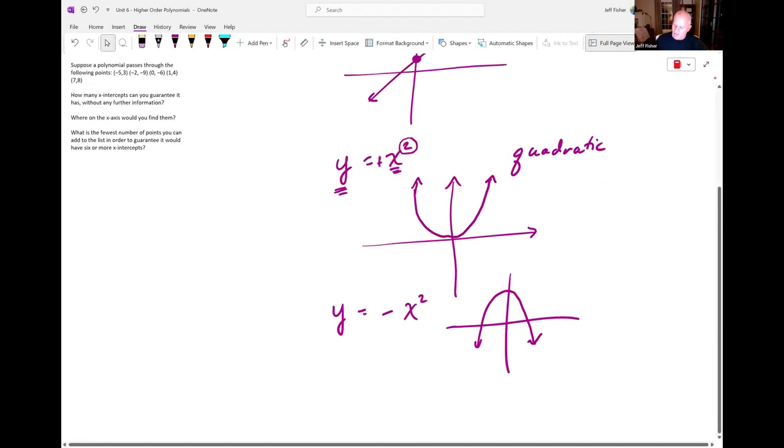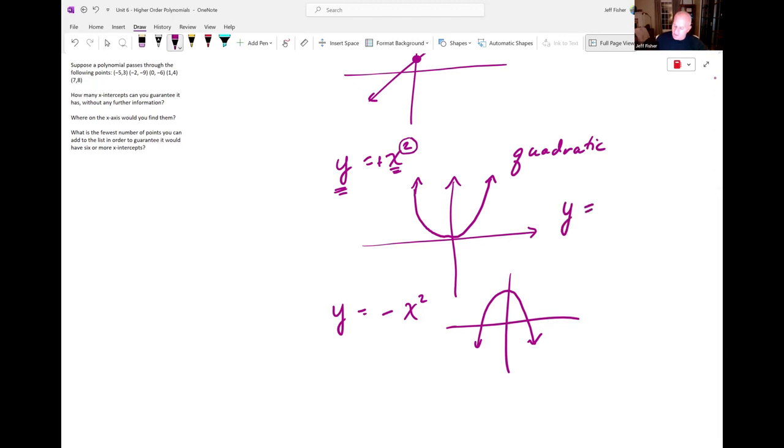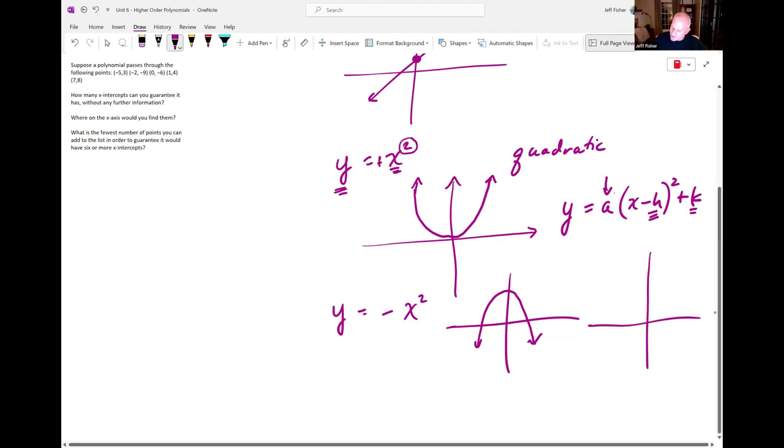And then we learned about different forms of it that would help us graph it. We learned that if we have our quadratic in the form a times (x minus h) squared plus k, then h and k would be where the vertex is.